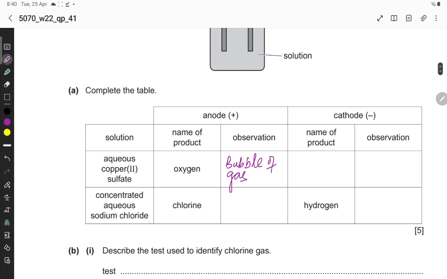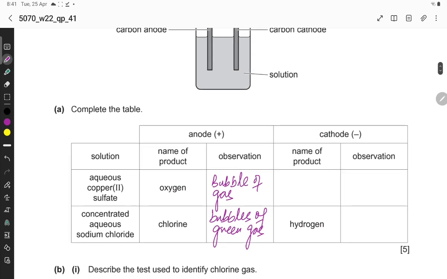And at the anode for concentrated aqueous sodium chloride, bubbles of green gas. And at the cathode, name of product.